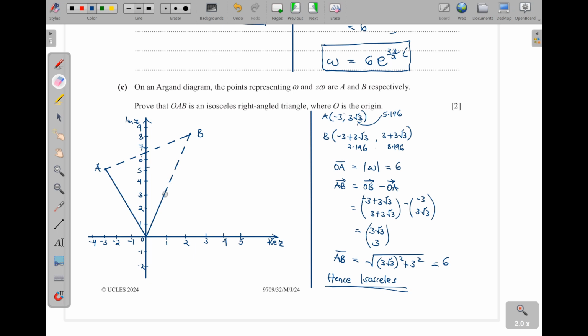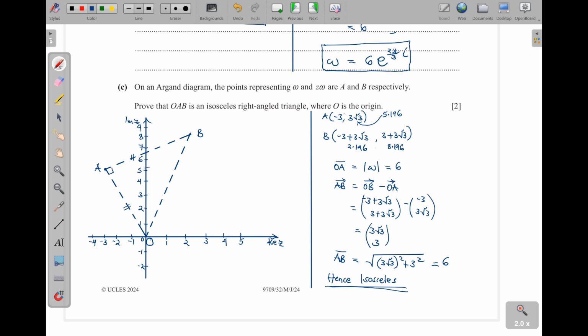When I connect these ones here, because they talked of a triangle that is isosceles, you can see that we have already proved that AB is equal to OA. This is our origin. These two are equal.